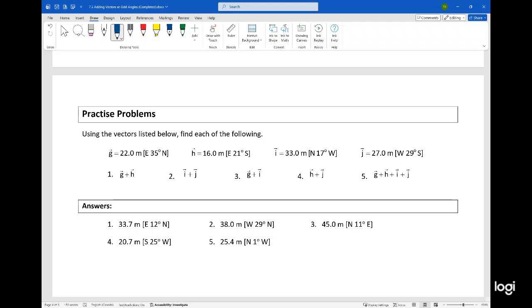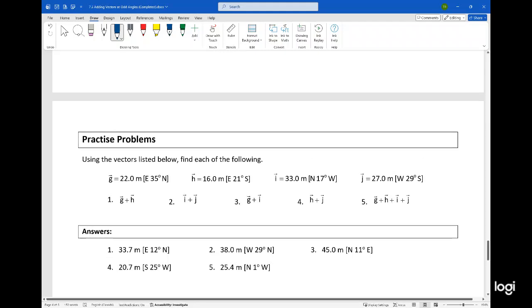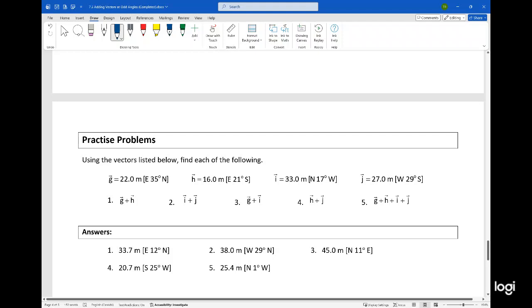Basically, you're going to have to add vectors at right angles, decompose them, and then put both those together to find the addition of vectors at odd angles. You also need to know how to find directions, but if you can do the questions in this last lesson, you can do everything that we required to do in this unit. All right, good luck on the test, and I will see you in the next unit.